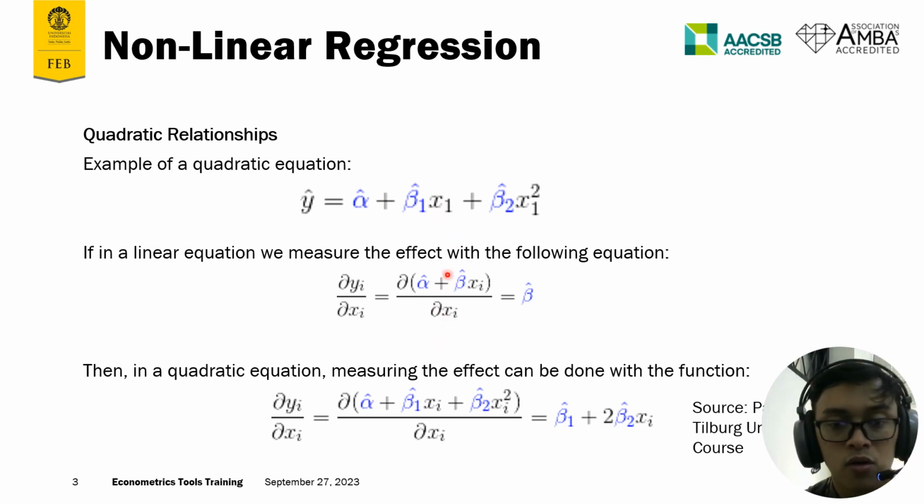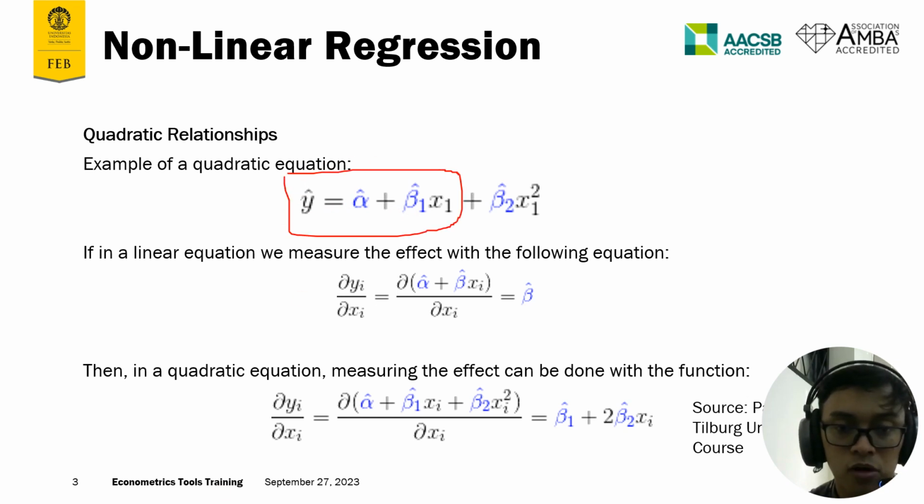So we can make it formal in mathematical form by taking the first difference of the equation when we just have this model. It just consists of linearity.